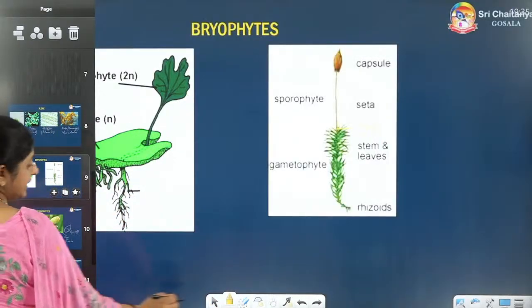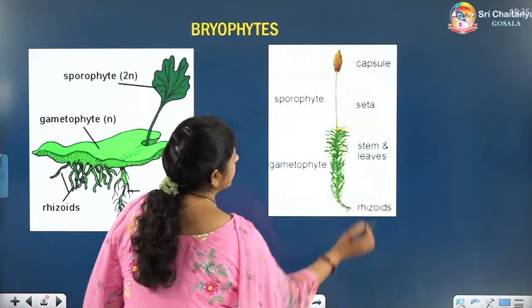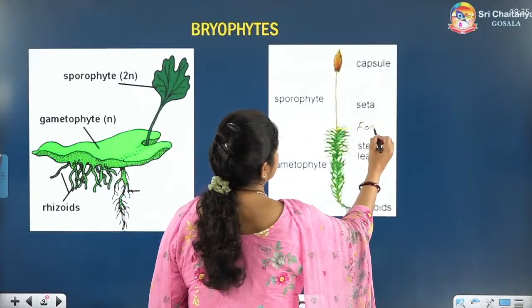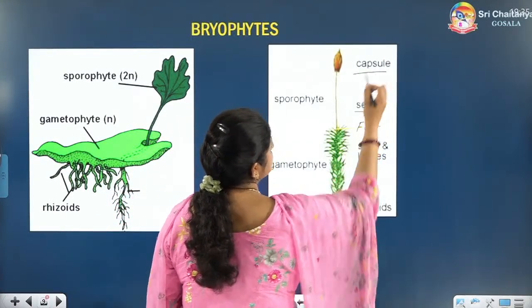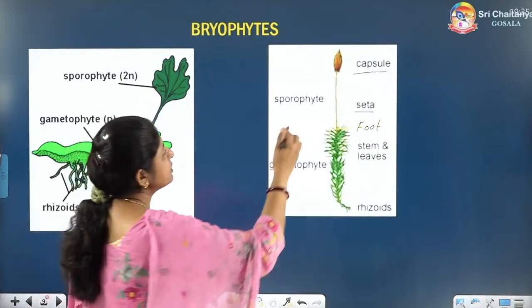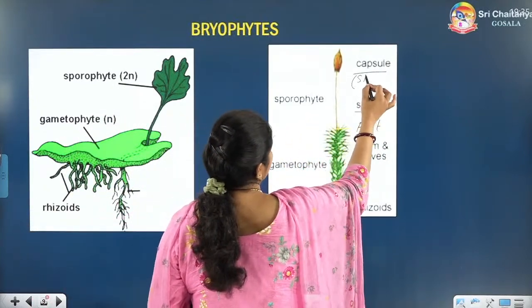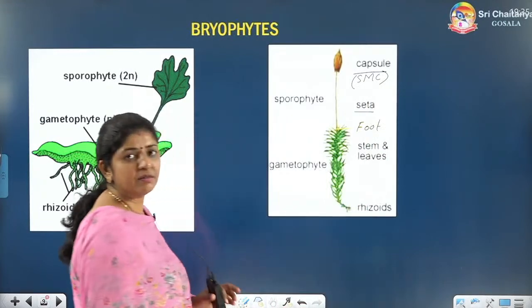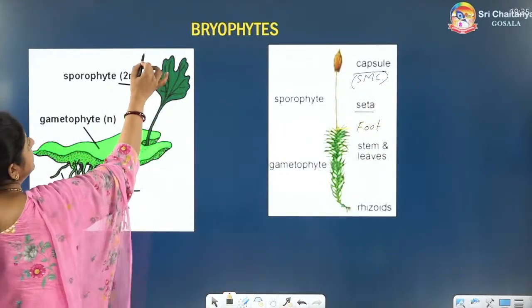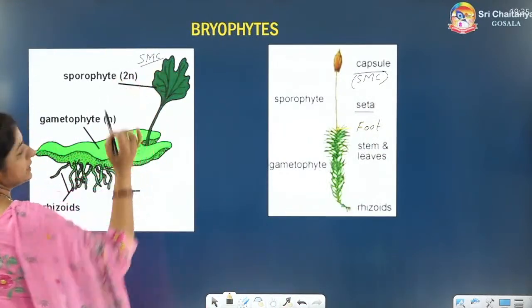It is having the foot, seta and the capsule part, and in the capsule they are having spore mother cells. Fine. Even here they are having spore mother cells.